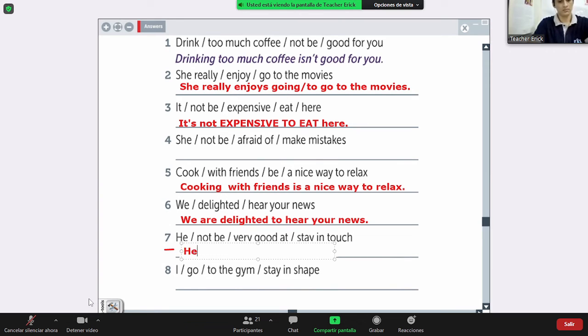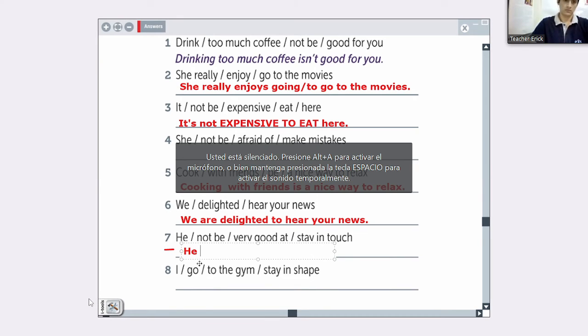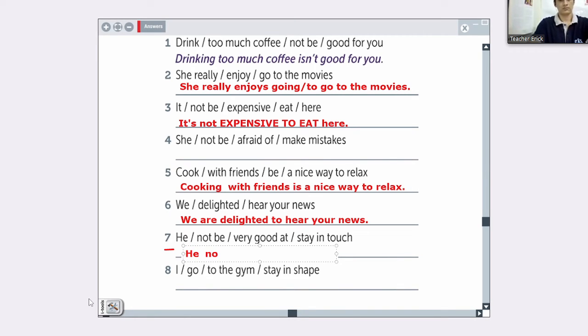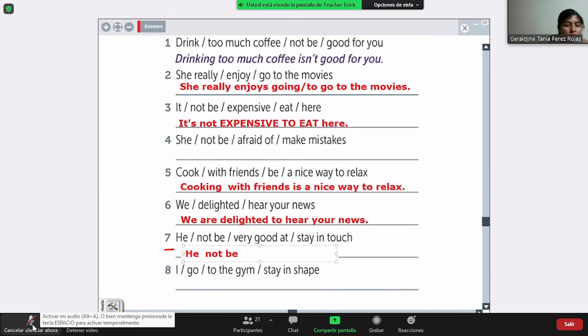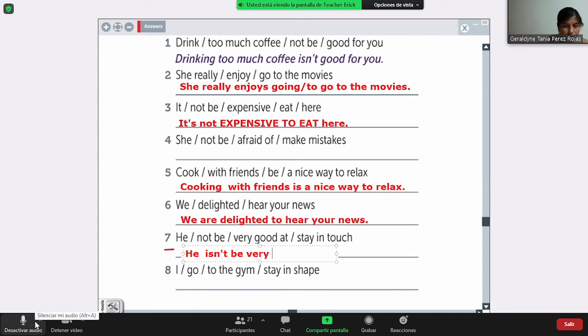And number 7, it's not be very good at stay in touch. He, not be. ¿Cómo conjugamos not be? Isn't. Okay. He isn't very good at staying in touch.